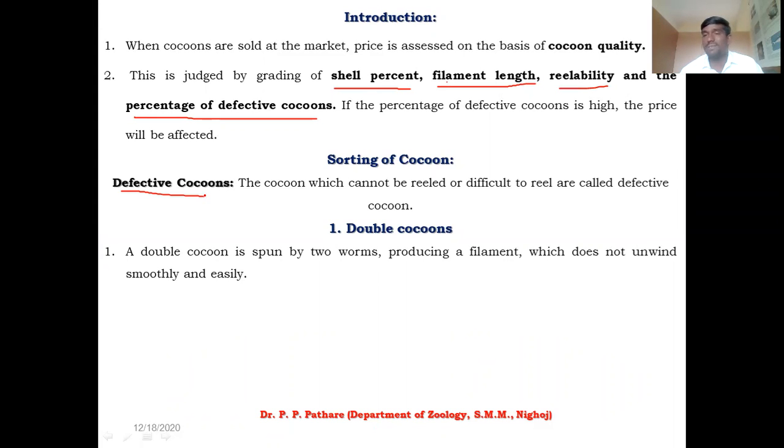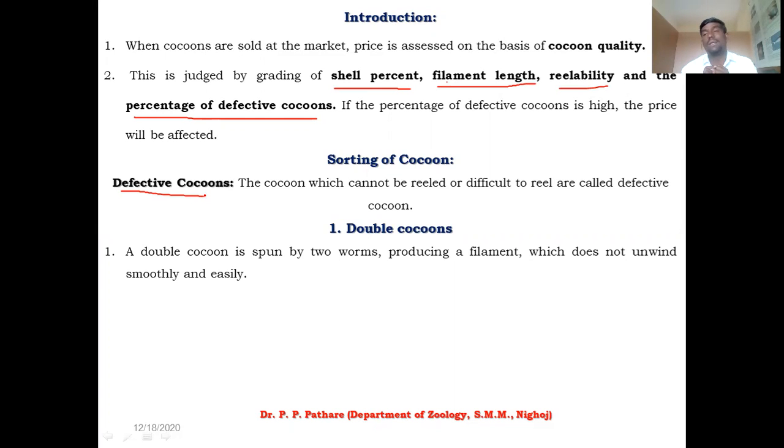You know, cocoon has some gelatinous substance or sticky silk filaments. So by chance, two worms come together or very close together during the molting. At that time, such cocoons are attached on the outer surface. At that time they can produce a double cocoon.